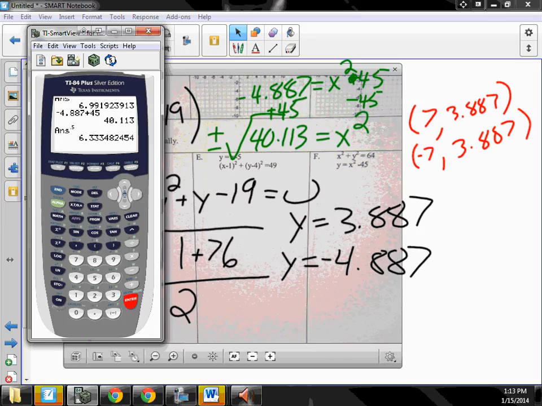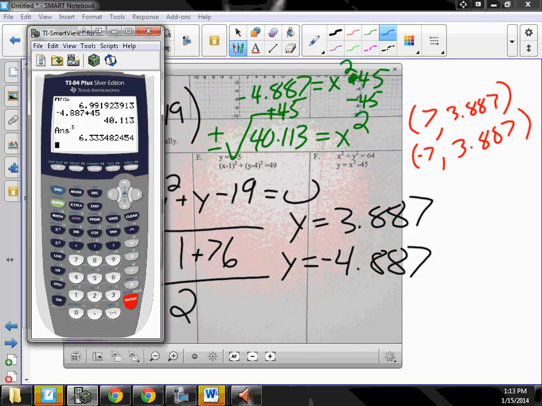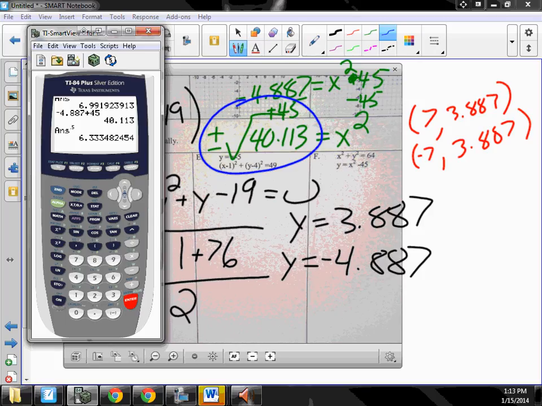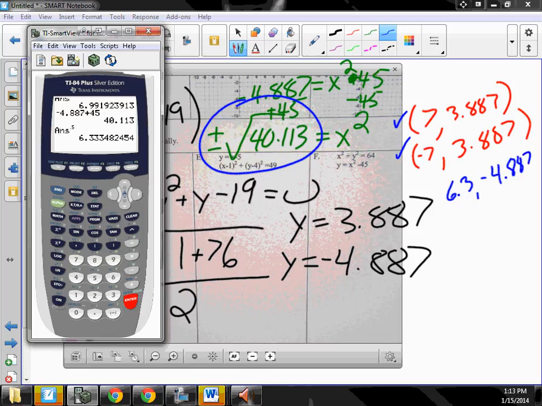So how many answers are there to this problem? Well, this is a plus or minus. And I already have 2 answers. So those are 2 more. So 6.3 comma negative 4.887. And then negative 6.3 comma negative 4.887.